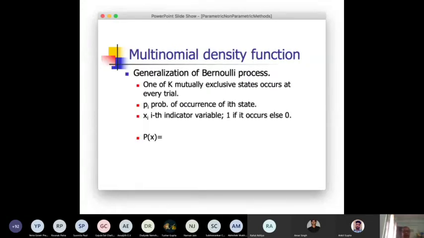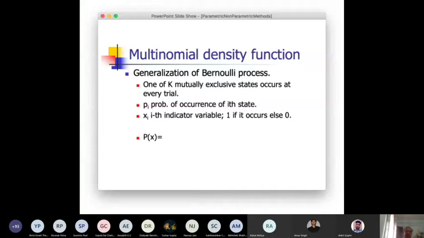Now, if we extend this concept to a multinomial density function, that means instead of considering two classes, we may have k number of classes. So we are saying here k mutually exclusive states may occur, and pi is the probability of occurrence of the ith state. So in that case, we can express this probability of x.